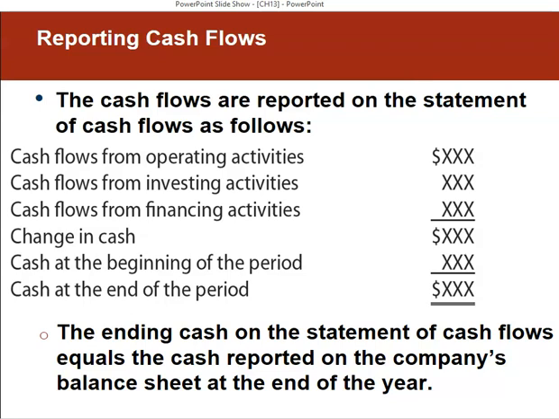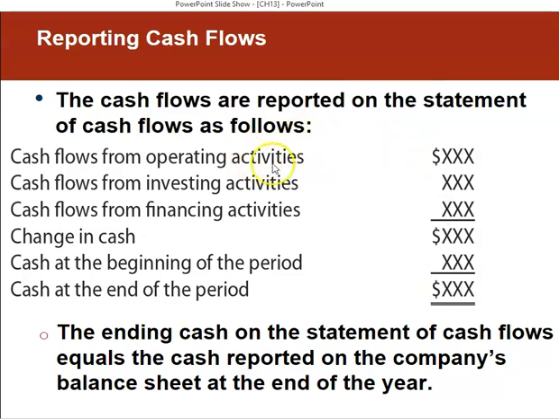But let's say that a company in one year had cash into the year of $50,000, and the next year they had cash at the end of the period of $150,000. Well, that's a change of threefold. We went from 50 to 150, so we have 3 times as much cash. Why?